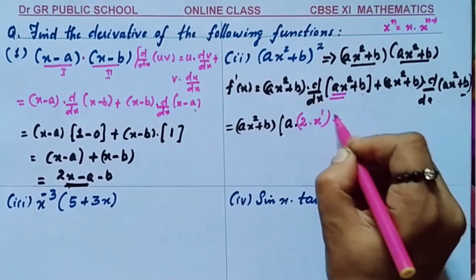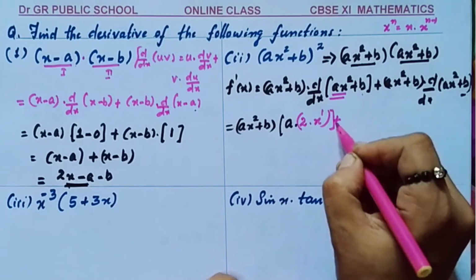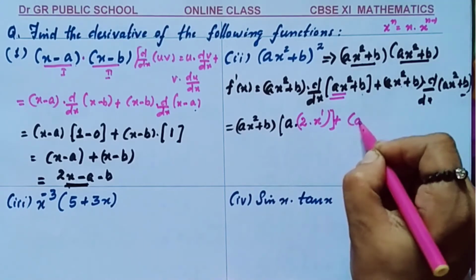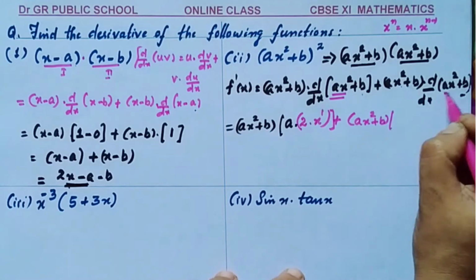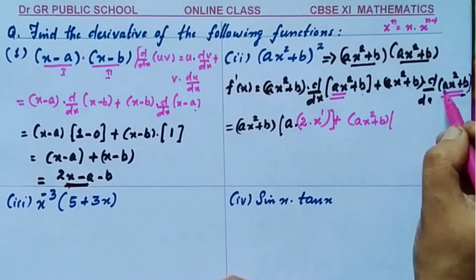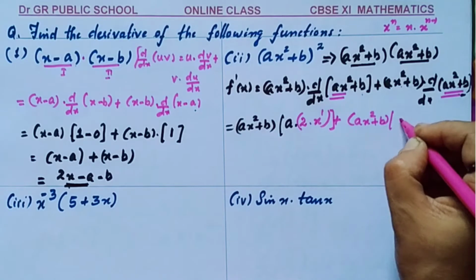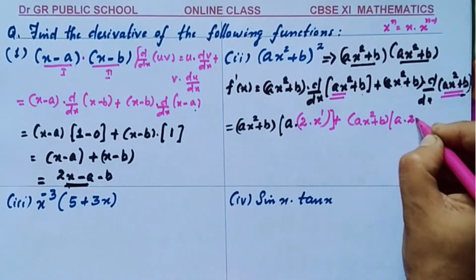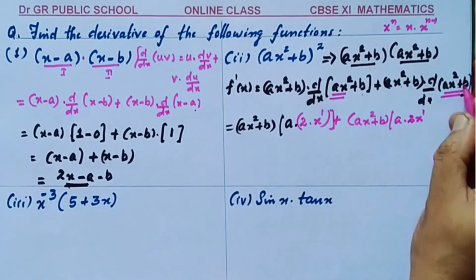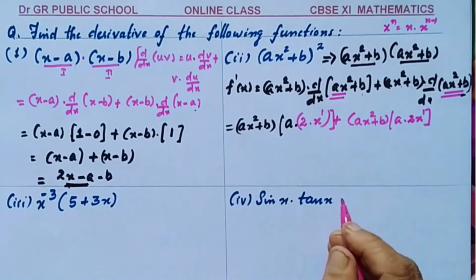The derivative of a constant is 0, so no need to write that. Plus the second function ax square plus b into, again, the derivative of ax square plus b. What is the derivative of ax square plus b? A is a constant taken outside. The derivative of x square is power 2 into x raised to 2 minus 1. The last is a constant, the derivative is 0.